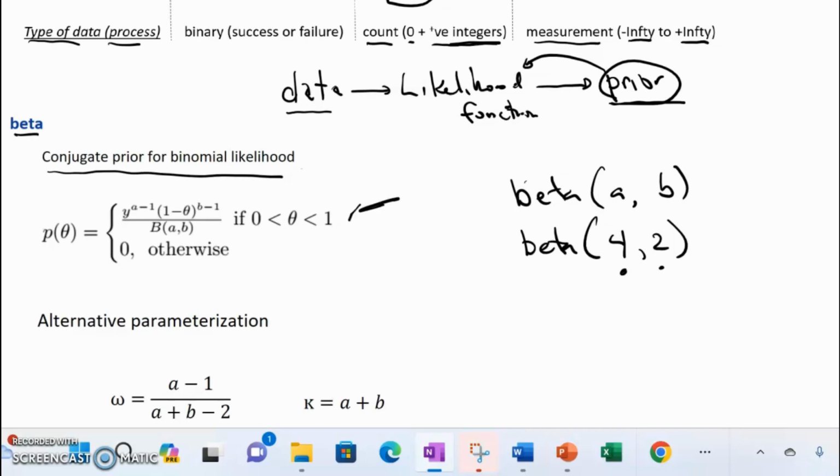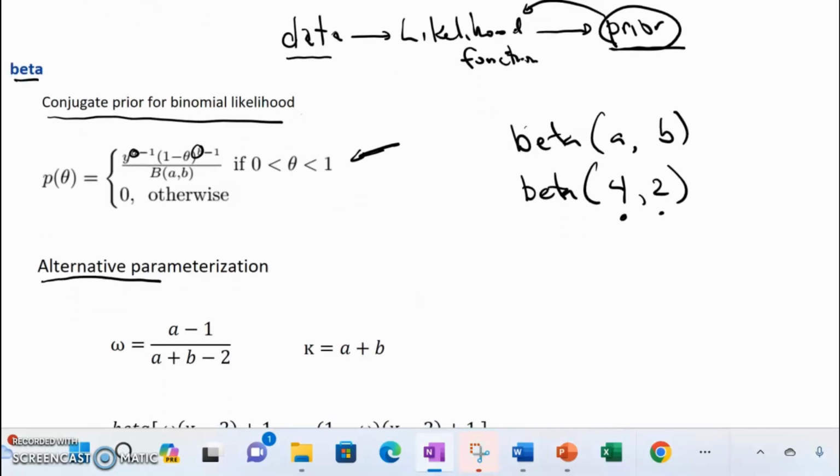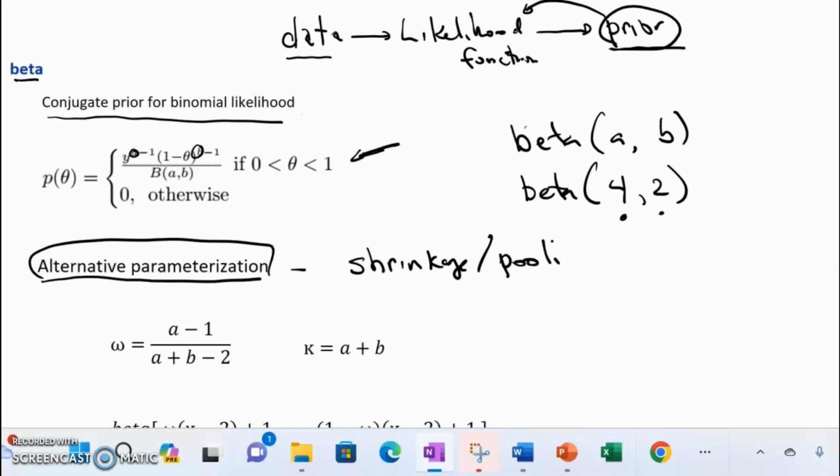There's the formula for it, again, the A and B parameterization. But there is an alternative parameterization that we're going to see this week, and we're going to use it because it's going to be easier to use when we talk about shrinkage and pooling.